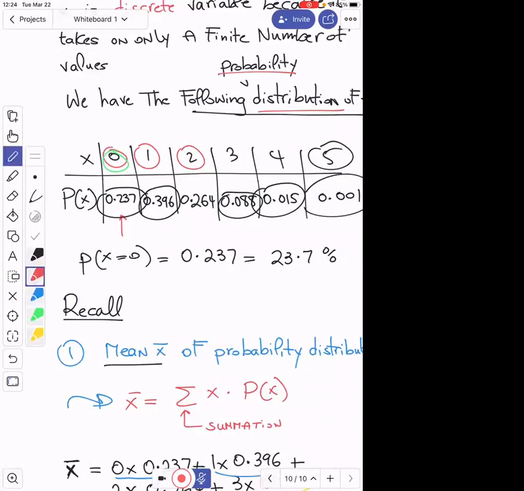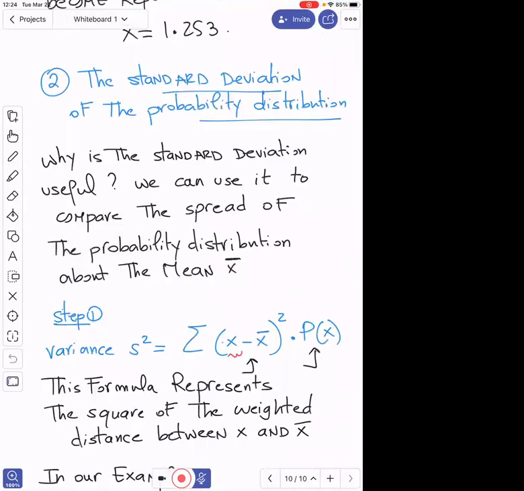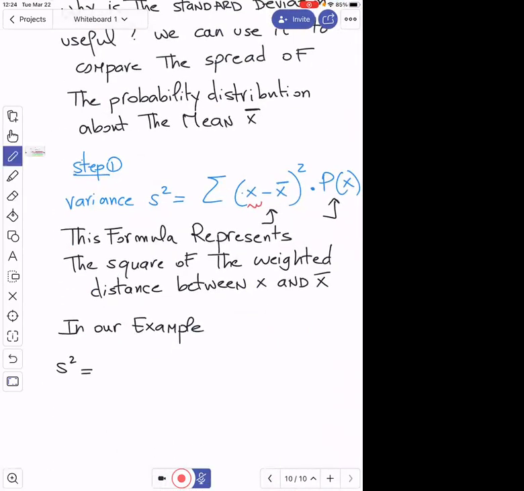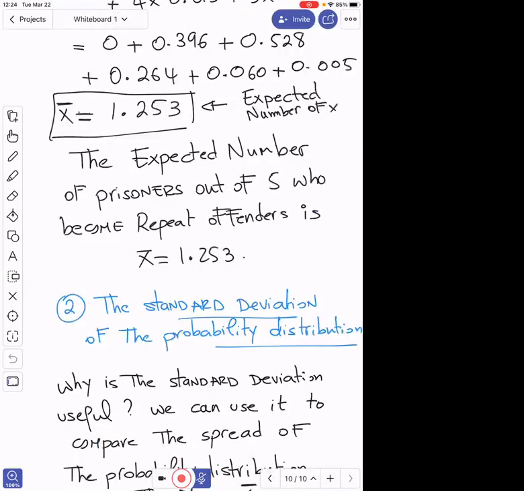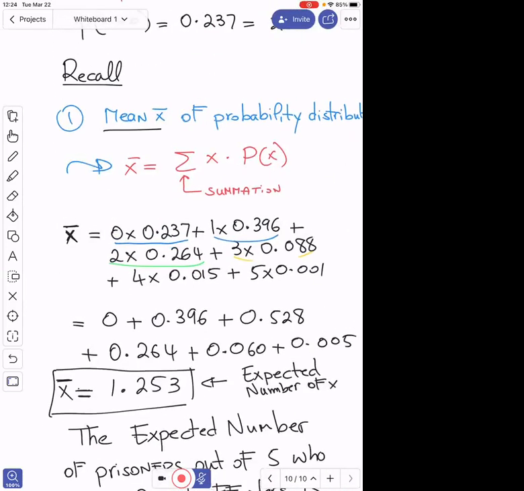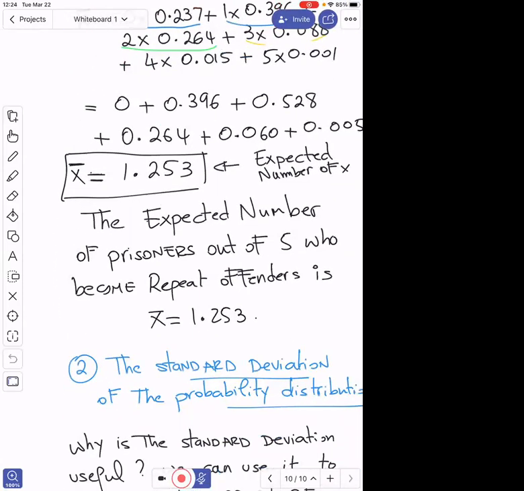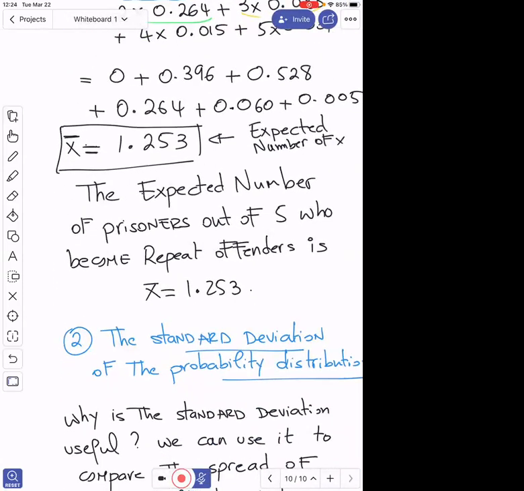So when X is 0, the formula says it's 0 minus the mean. The mean is what we computed in the previous step, and we said it's 1.253.